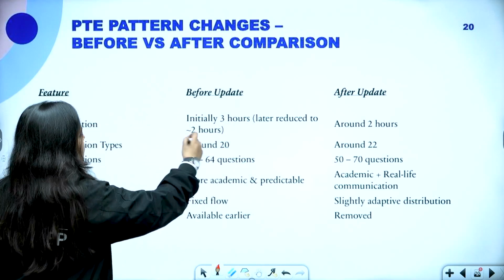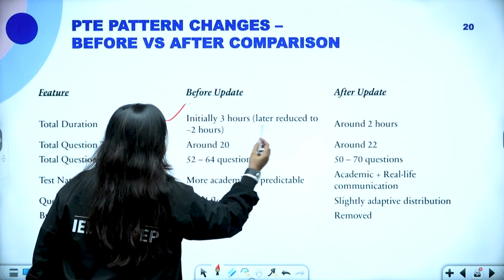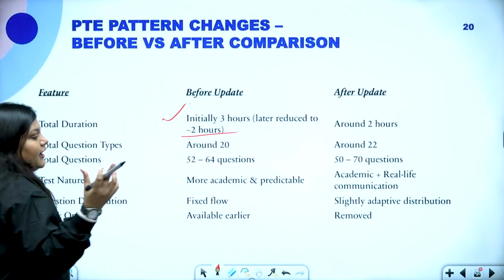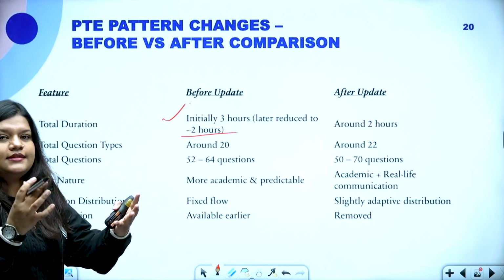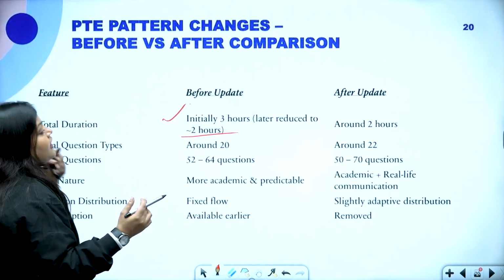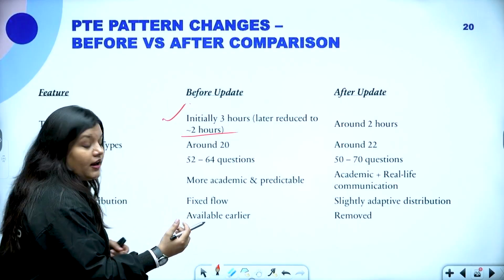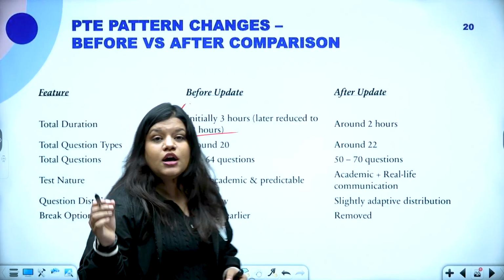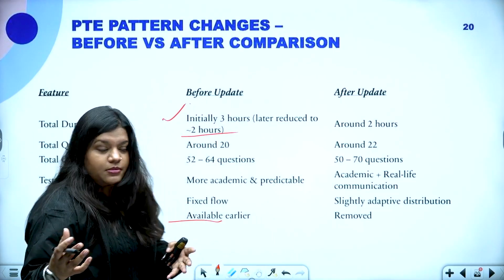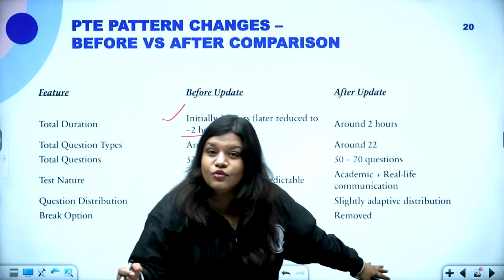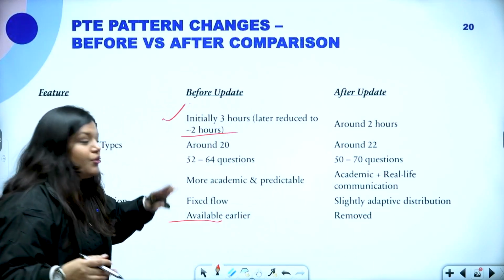As I have already told you, initially it was 3 hours, now it is confined, or you can say concise timing of 2 hours, and because of the 2 hours, the break is not available. So the break was available earlier, but now it is removed from the entire structure.